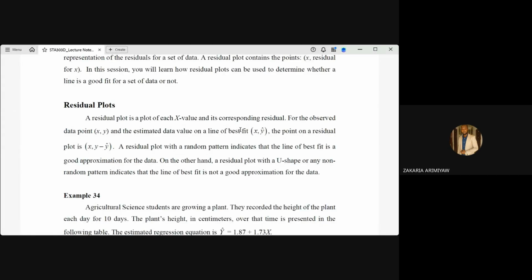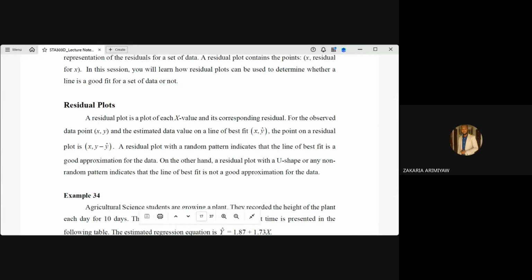Apart from a U shape or a curve, any other specific pattern also suggests that the linear regression model is not providing a good fit. This is how we can use the residual plot to assess the quality of the regression equation, whether it is providing good approximations to the y values or not.